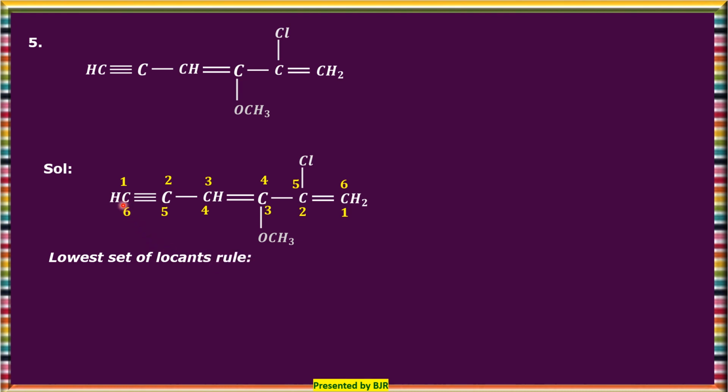See here, set 1 locants from left to right, 1, 3, 5. Set 2 locants from right to left, 1, 3, 5. So here the two sets of locants starting from either end of the carbon chain are same.